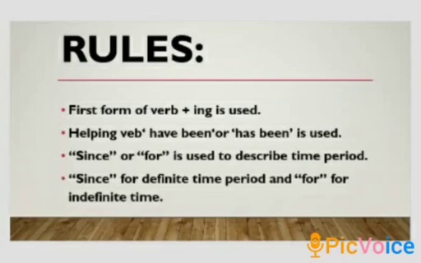Since we use for a definite time period and for if the time period is not specific. For example, she has been writing a story for 3 hours. The time period is not specific, we do not know which 3 hours she has been working. So we have used for here.